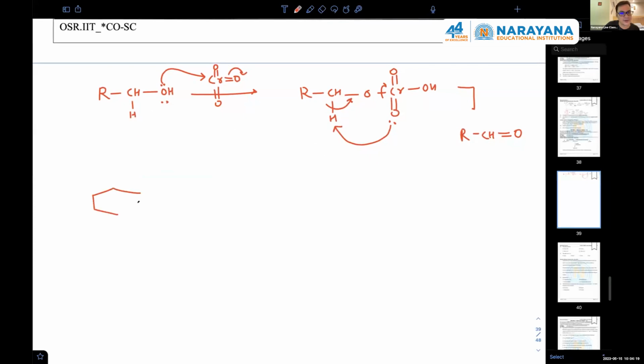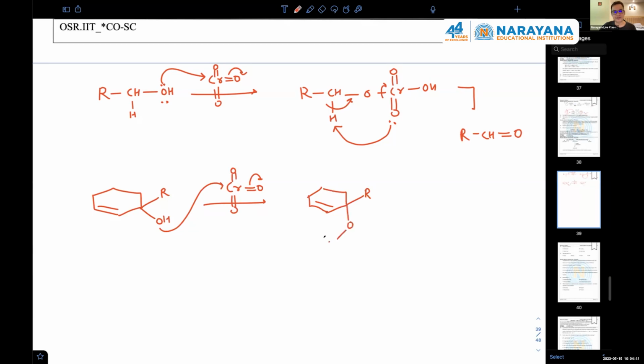Now I'll explain the process they are asking. They have given this R condition, methyl and OH. If the alcohol attacks CrO3 like this, pi will shift and you will get the condition like this, with O and Cr, OH, double bond O and double bond O. Because a tertiary alcohol cannot oxidize, the reaction should stop here only. But because they have given the double bond and they are asking for the product, what will actually happen?